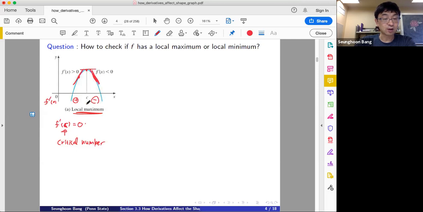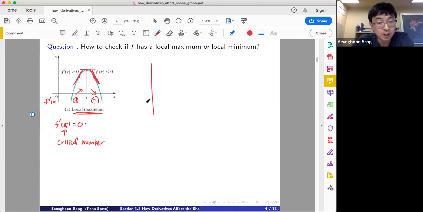So what does it mean? f prime of x goes from increasing to decreasing. We have a local maximum. How can we check a local maximum? f prime of c equals 0, like a critical number. One more, the sign of f prime changes from positive to negative. So we have a local maximum.